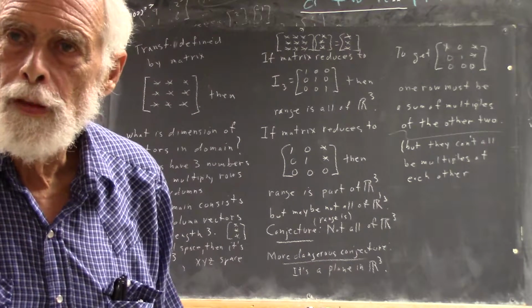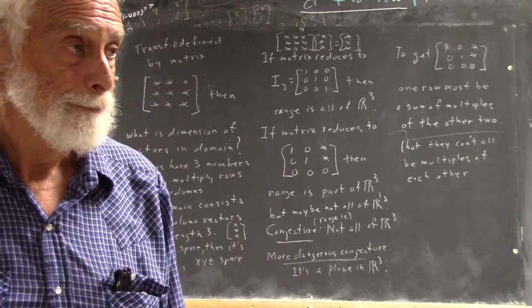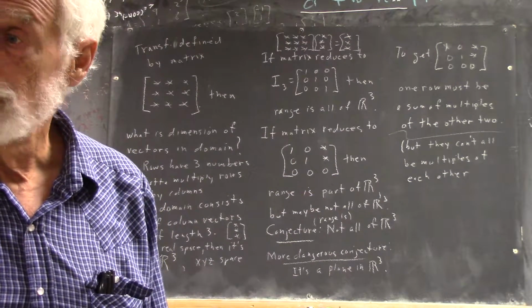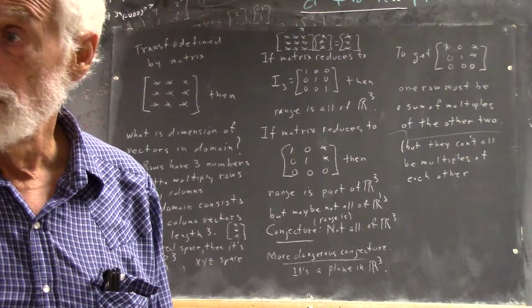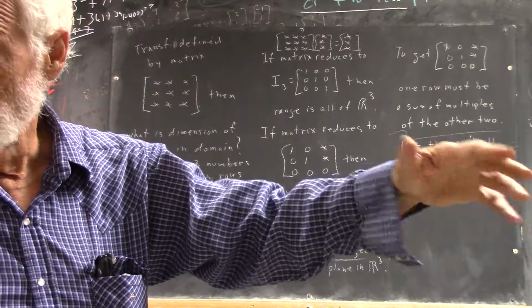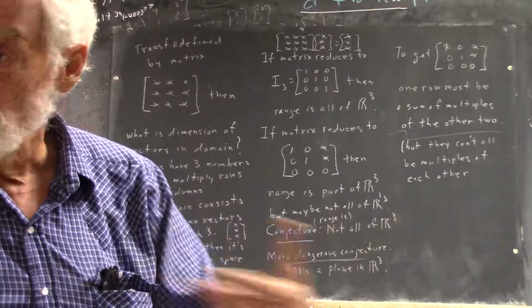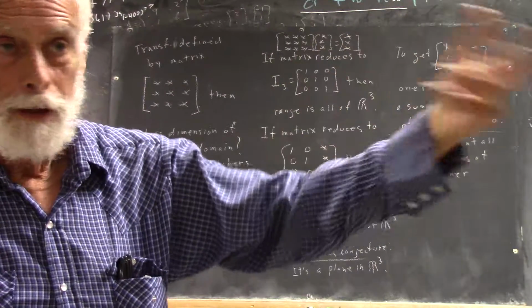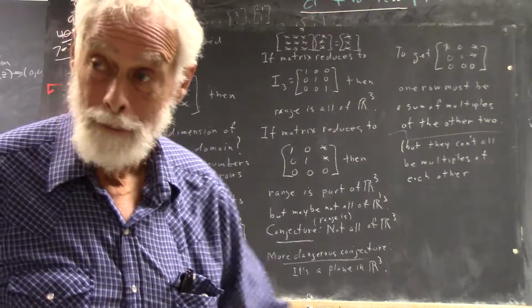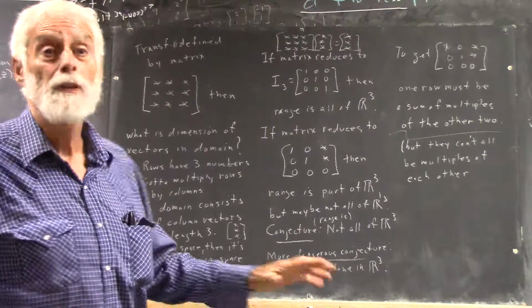Because what would happen if they were all multiples of each other? Zeros across the board. Well, not on every row, but your first row would still be what it is, but if you add the right multiple of that to the second row, it goes away. And if you add the right multiple of the first row to the third, it goes away, right? Okay? So it's not zeros across the board, but it's a lot of zeros.